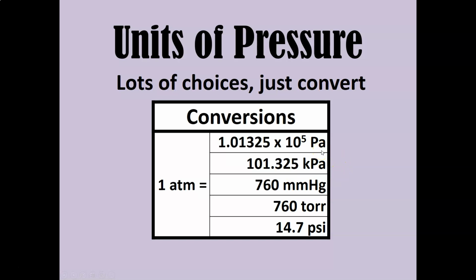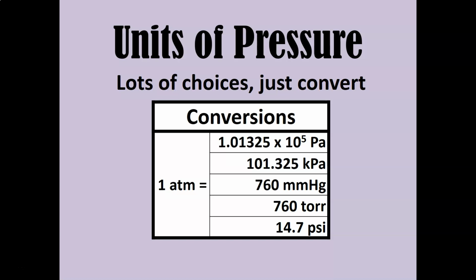Pa is pascals. kPa is kilopascals. This is millimeters of mercury. This comes from a device that we use called a barometer, which is a tube that literally had mercury in it, and you would measure the height of the mercury column.